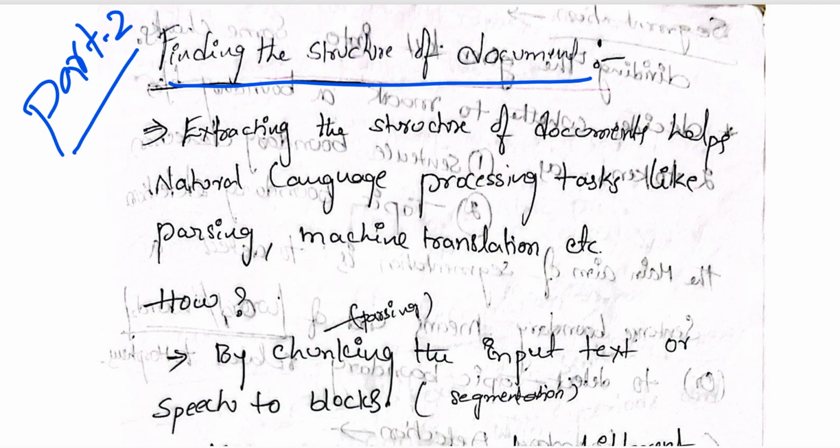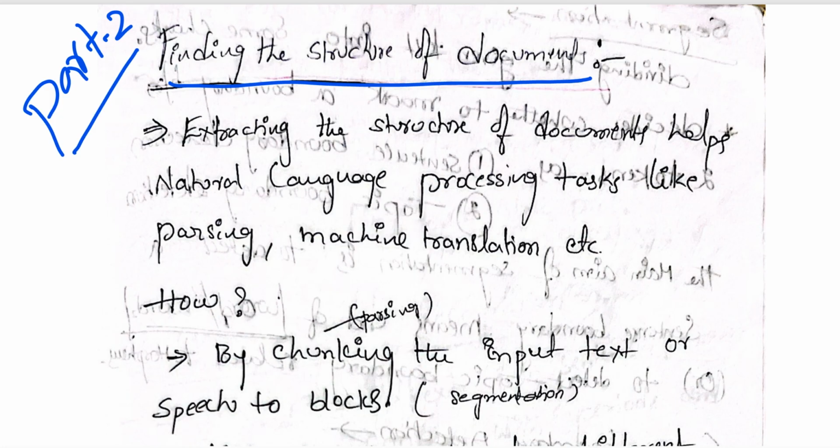Here we will see that extracting the structure of the document helps natural language processing tasks like parsing and machine translation and so on. For finding the structure of the document, we first need to extract it. Extraction means we retrieve the information, checking whether the content in the document is syntactically, semantically, and grammatically correct.